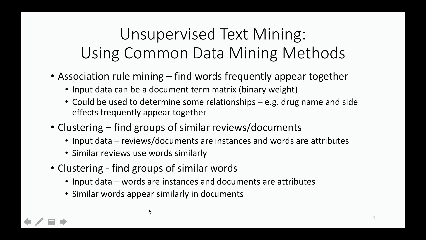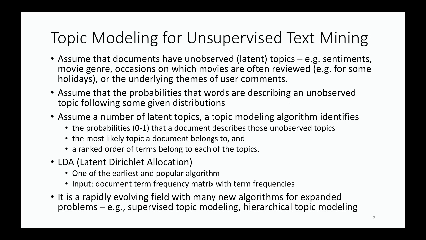Otherwise, k-means is also still a good method to do this type of clustering. So this is just to remind you that you could try the data mining methods you have with the document term matrices that you have been generating so far.